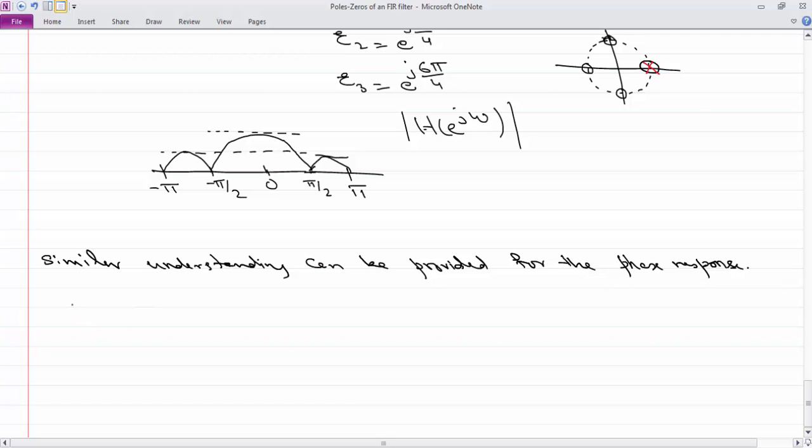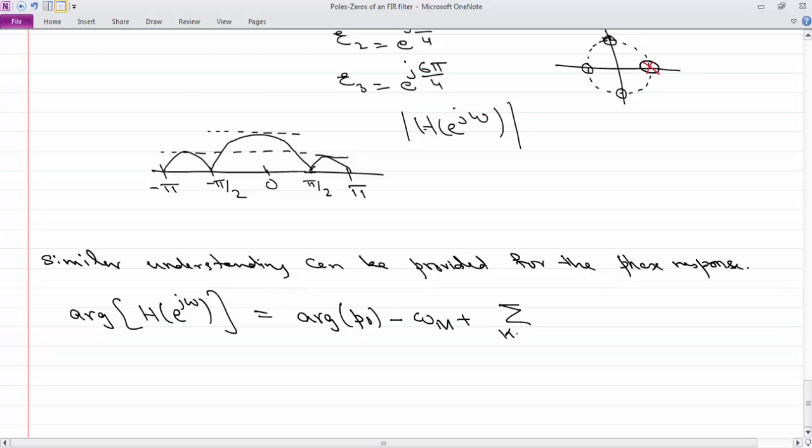So if I'm looking at the phase response, that is simply equal to the phase of the factor P0 that I wrote earlier, minus little omega capital M, plus you will sum up the phases of all of those difference vectors that we saw earlier, e to the j omega minus zeta k.